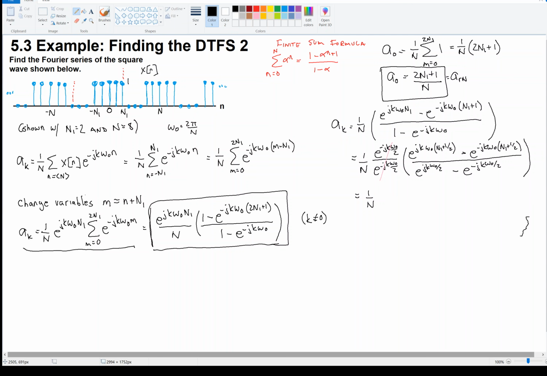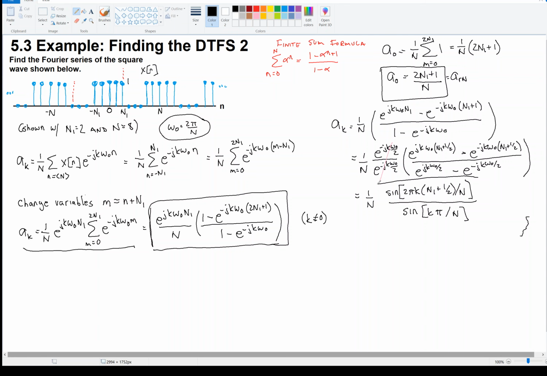And so what we get is the sine of 2 pi k (n1 plus 1/2) over n. So I'm making this substitution as well: omega 0 is 2 pi over n, over the sine of k pi over n, right?